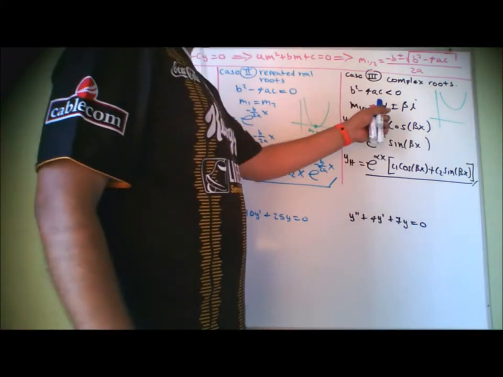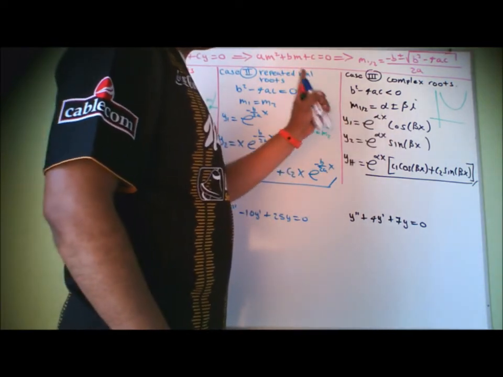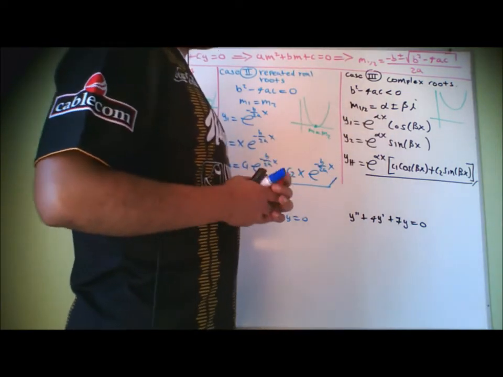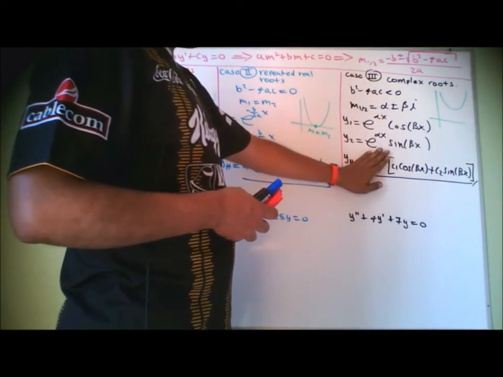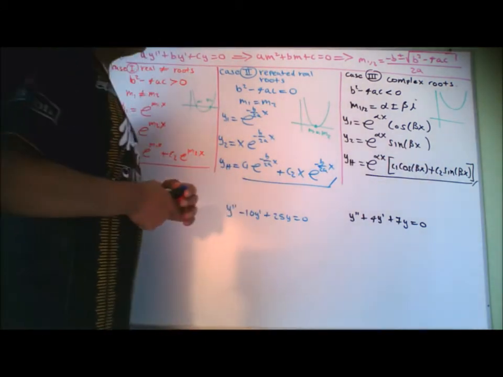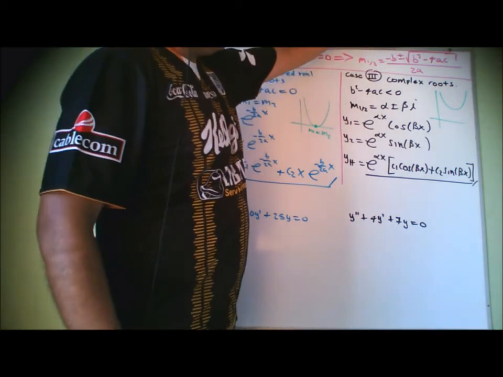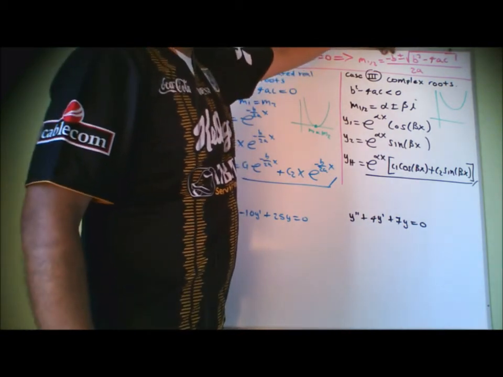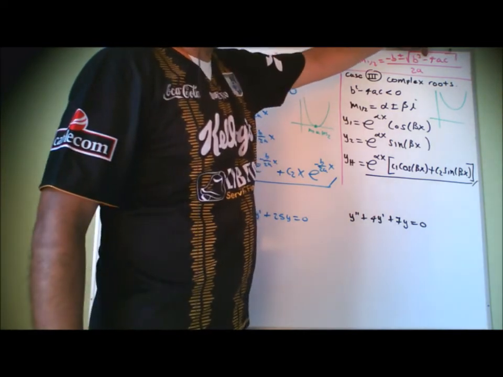When alpha is equal to 0, the exponential of 0 happens to be just 1. And the solutions are just the cosine and the sine. So the homogeneous solution will be this cosine and this sine. But in order for that to happen, the b must be equal to 0. If b is equal to 0, this vanishes, and this is 0, so obviously it is an imaginary root.